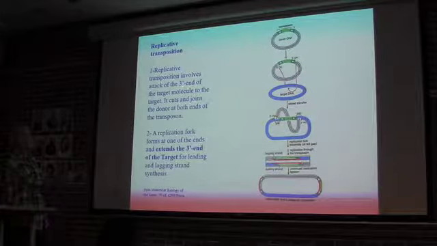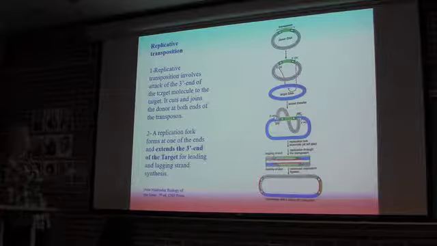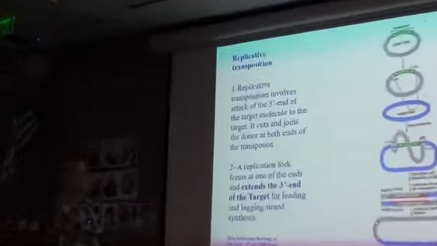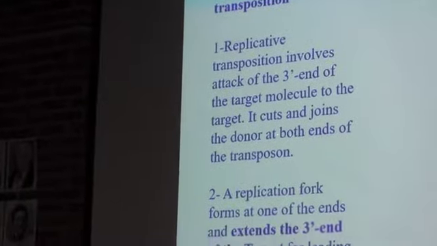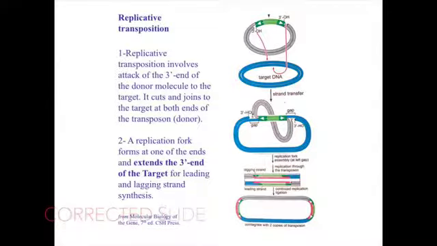Replicative transposition involves attack of the 3' end of the target molecule to the target, of the should-be donor molecule to the target. I need to edit that. Cuts and joins donor at both ends of the transposon. This is unclear language. It cuts and joins the donor to the target at both ends of the transposon. So that's going to take a little editing.